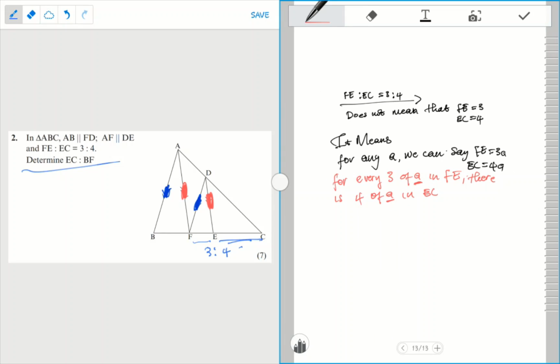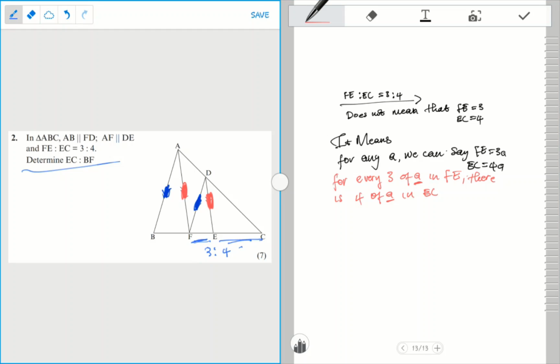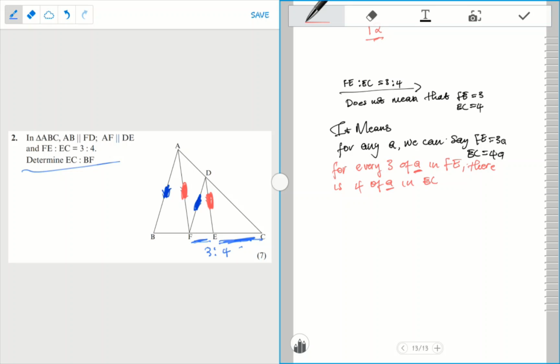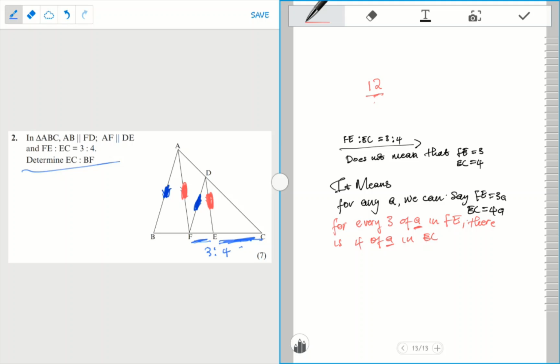What am I trying to say here? Basically, this doesn't mean that is 3, this doesn't mean that is 4. Take a note, as mathematicians we know that 12 over 6 can also be written as, just check the lowest number that can fit in both numbers, which is 3.